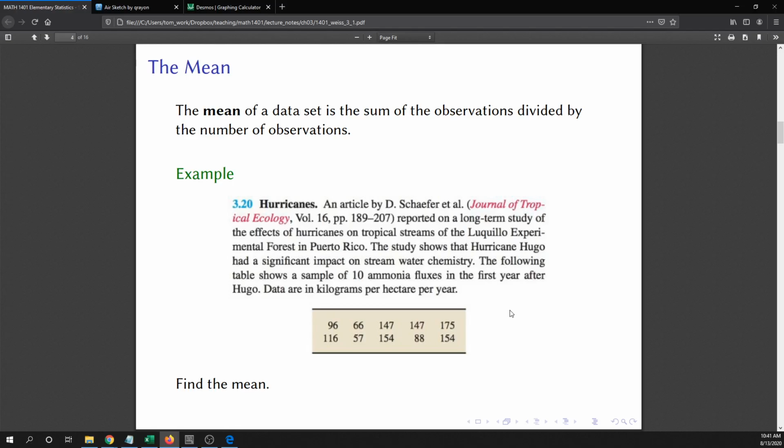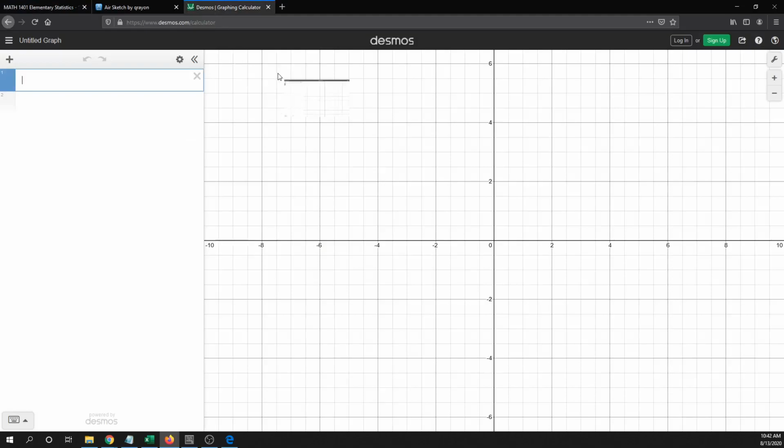Okay, so what we need to do to calculate the mean is to add all these observations up. So that's what we're going to do. I'm going to use Desmos and add this up.